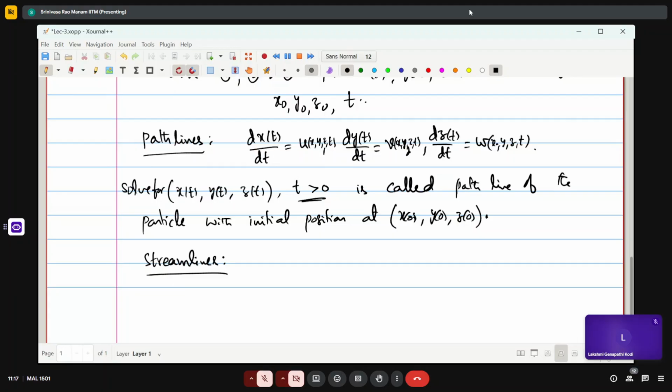What about a streamline? For a streamline, you look at the overall body of the fluid and you fix a certain time. Then you look at the velocity vectors, the directions of the velocity.